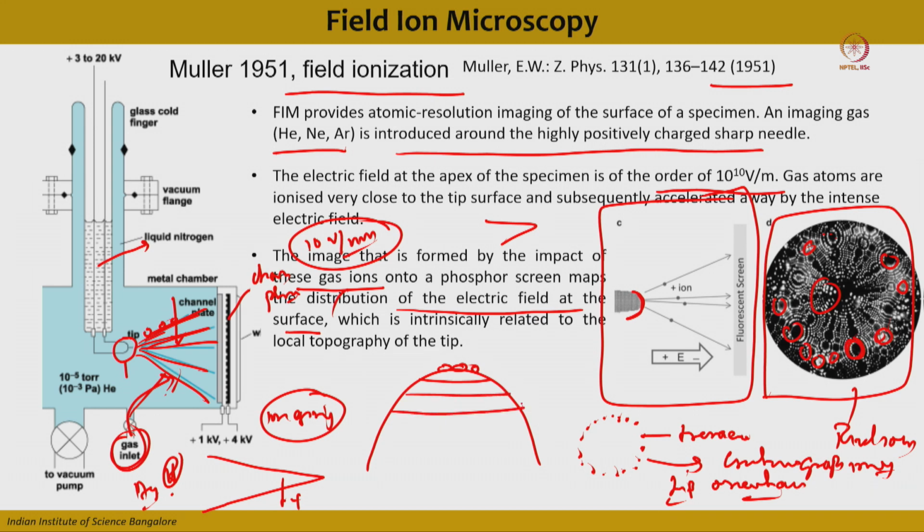The distribution of electric field is different at the flat surface and at the terraces, and in your FIM image you are seeing that distribution directly. It is intrinsically related to the local topography of the tip. This is how you can resolve the atoms by field ion microscopy.